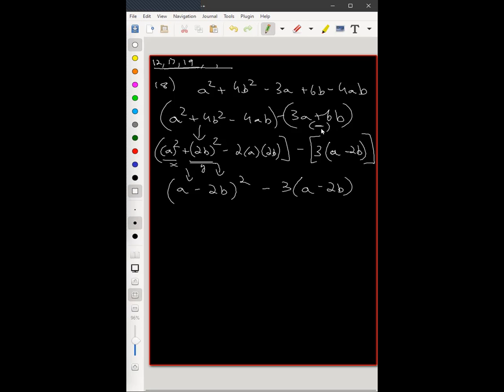With the minus in this bracket, the same bracket will come down. Now a minus 2b into a minus 2b minus 3. You must be wondering why I'm putting this bracket; it's usually a habit with me. Whenever I have a binomial, I keep it in brackets.